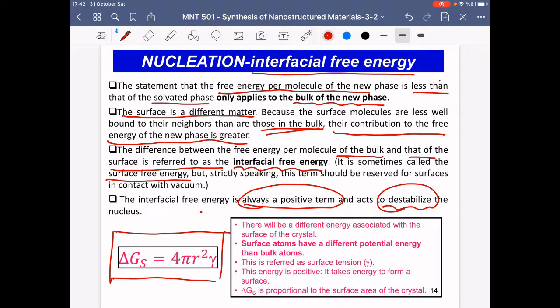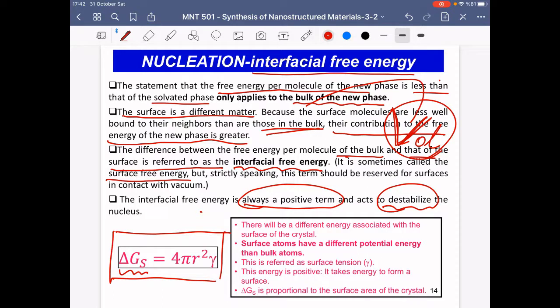Okay, so I have to define something else for the surface. That's called delta GS. My previous definition applied to the bulk of the system, or to the volume of the system, but here I have a different thing going on, and that's why I have to define something else.